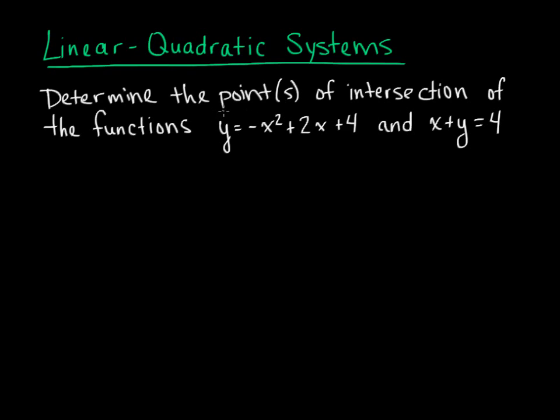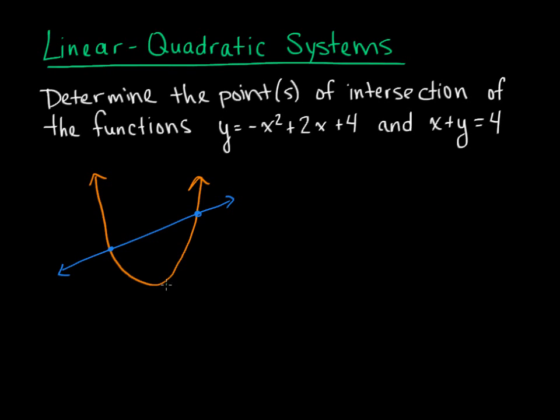And the reason this question says point or points is because it's possible for a linear quadratic system to have more than one solution or more than one point of intersection. Picture for a moment a parabola. If we look at how many ways a line can intersect that parabola, we can draw a line that intersects this parabola in two locations. And so that line and that quadratic function would have 2 points of intersection or two solutions to the system.